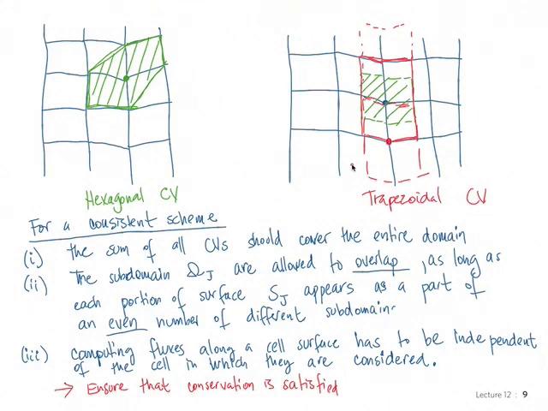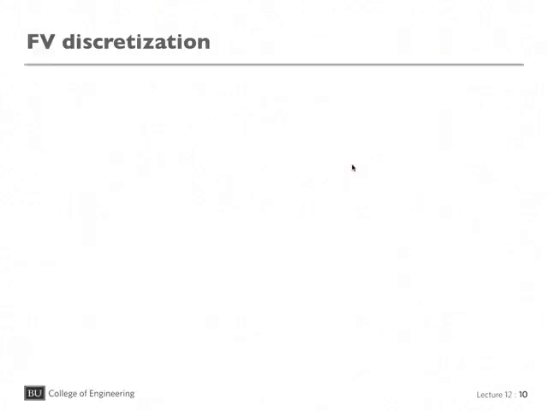So all of this discussion was about the first ingredient of the finite volume method, which is the construction of these spatial discretizations. And now let's look at how we would discretize the equations themselves. The finite volume discretization of the equation. So we want to apply the integral conservation law to each control volume.